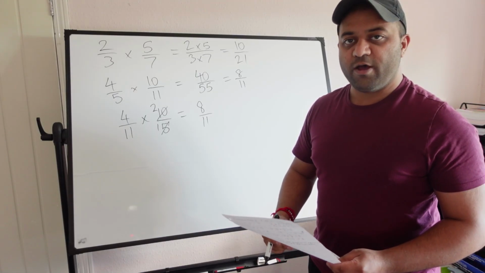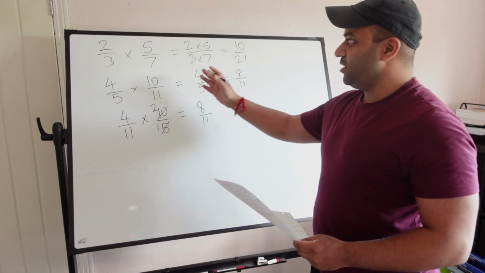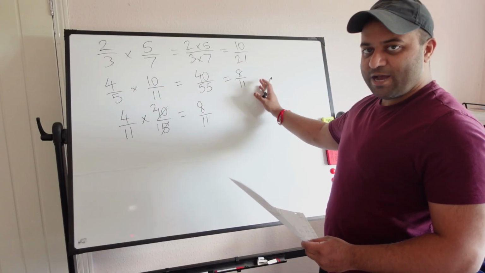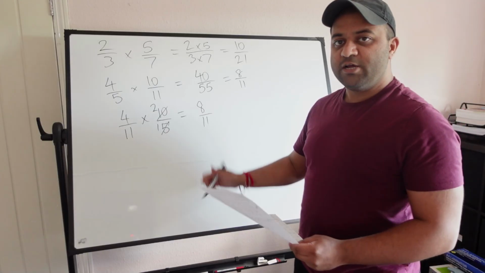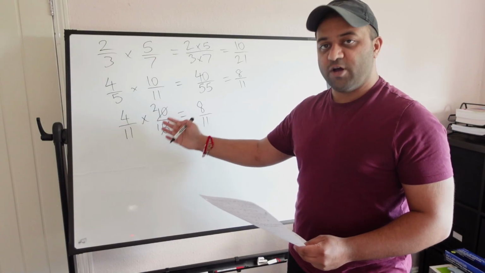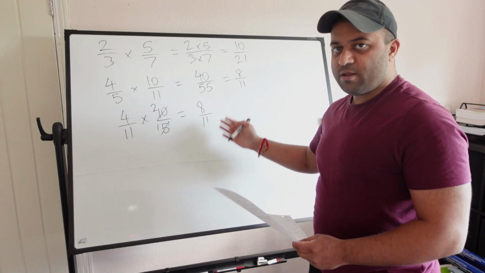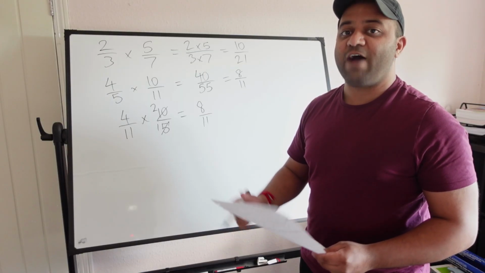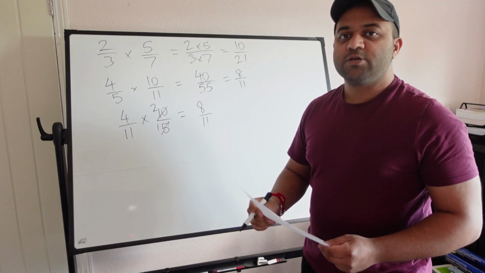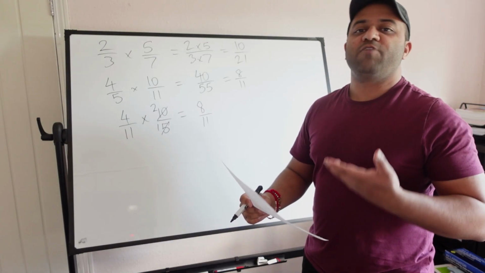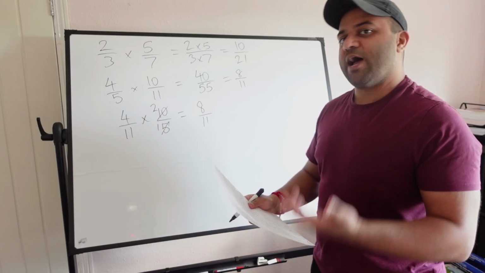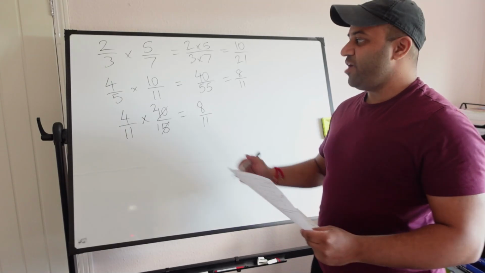So rather than multiplying first and then cancelling down, it might be better to look for the common factors first and then multiply after cancelling down. So ideally, if we want to save time, we would answer the question like this.